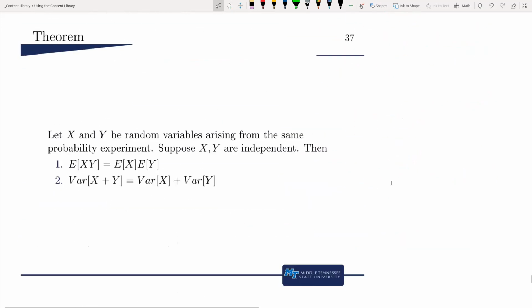So if X and Y are two random variables with distribution functions p_X and p_Y, then we can calculate the expected value of X plus Y first. So how do you calculate the expected value of X plus Y? If I use the definition, this is going to be the sum of (x plus y) times probability of x, y.